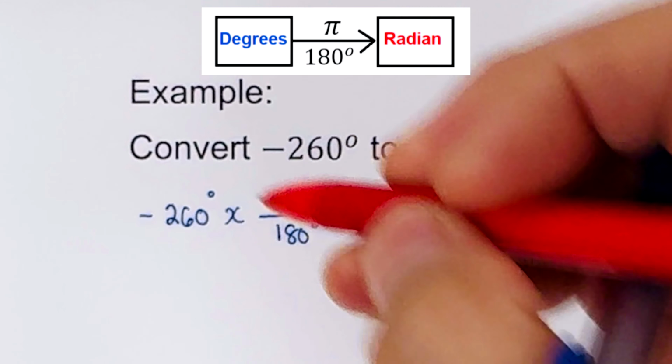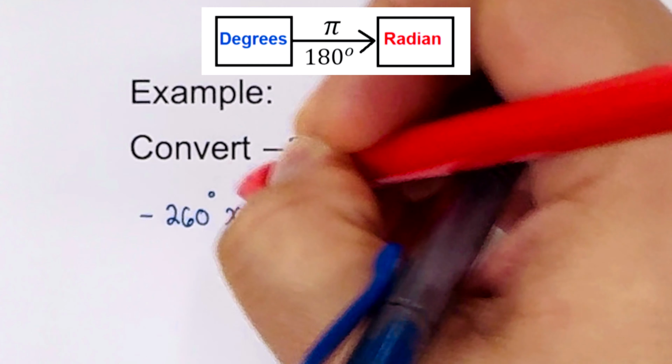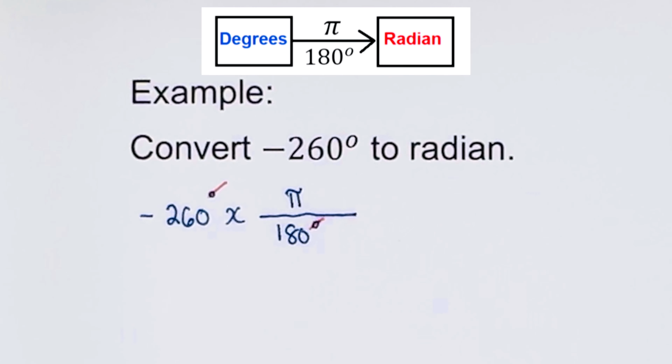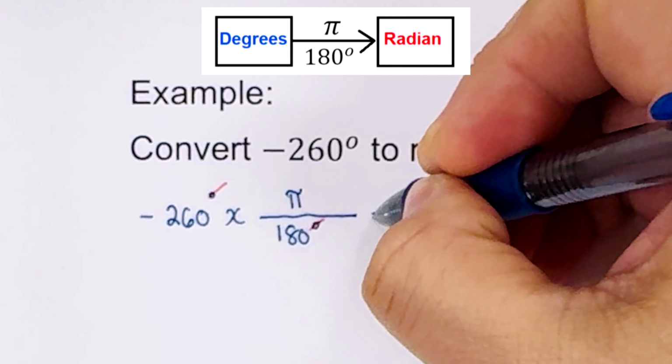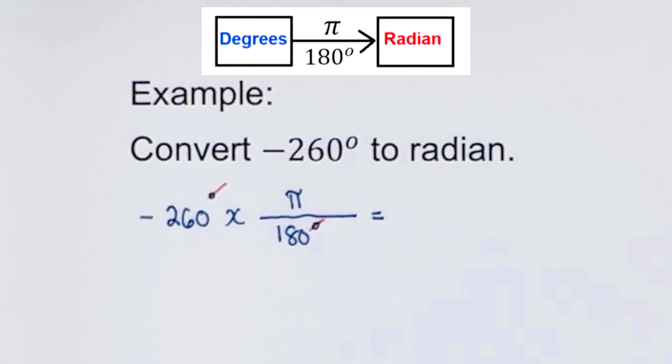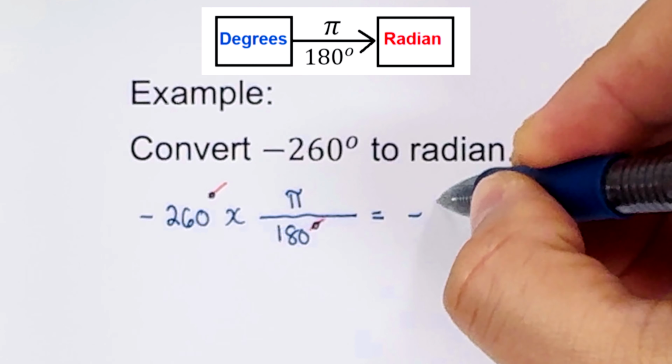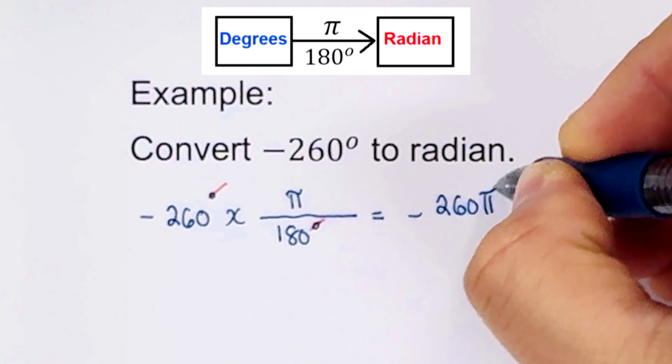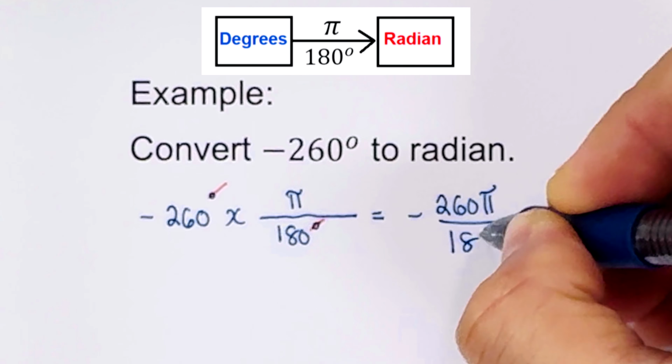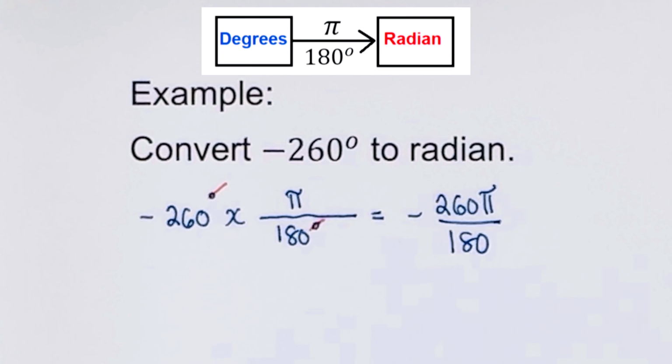From here, we can cross out the degrees and degrees, and so we go ahead and multiply them across. Negative 260 times pi is negative 260 pi, and that's over 180. So all we need to do is reduce this to lowest terms.